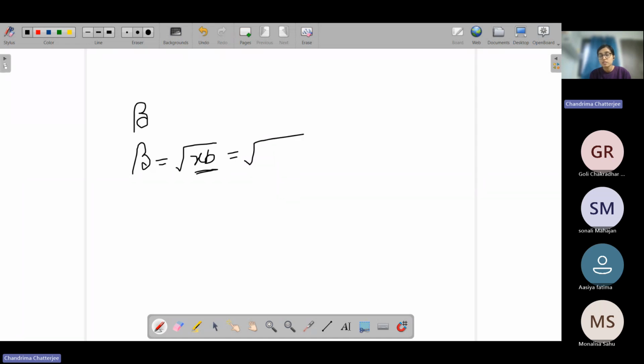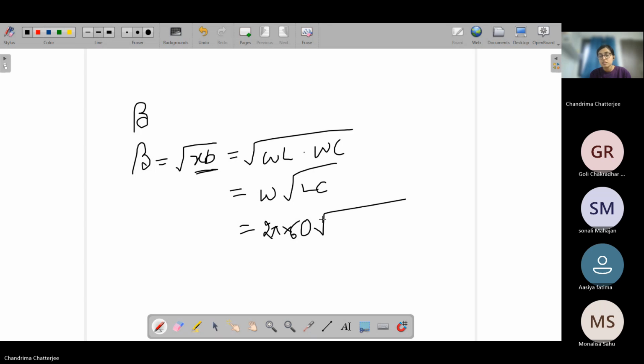So that would be omega L multiplied by omega C, and omega will come out of the square root, leaving the square root of LC. What is omega? Omega is 2 pi 60 because the frequency given is 60 hertz. So you also take care whether they have given 50 hertz or 60 hertz. And the LC values were given: 0.8 millihenry and 12.1 nanofarad.